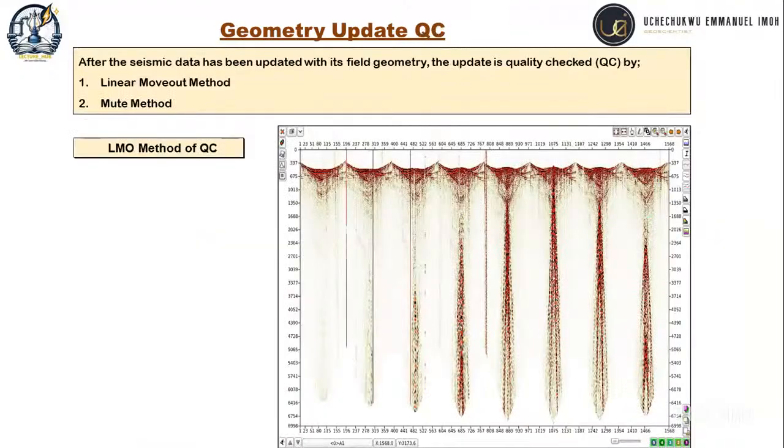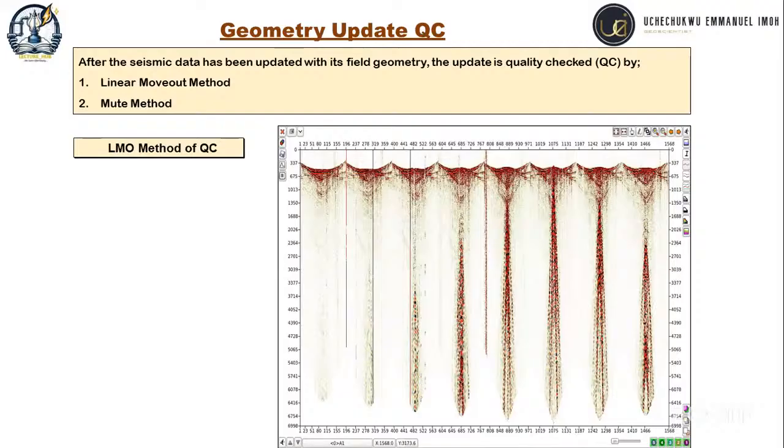There are two ways you quality check your data to know if you got the geometry update correctly. Either you do a linear move out check, or you do a mute check. For the linear move out, you flatten your seismic data using a particular linear move out velocity, usually a low velocity, maybe 2,000, 1,900, depending on the basin.